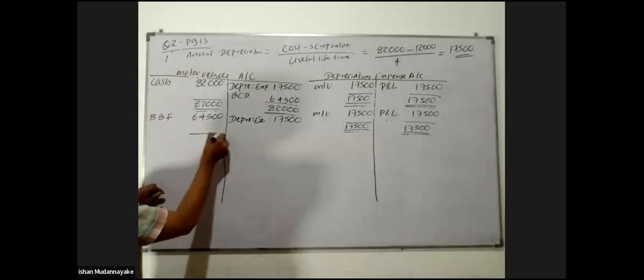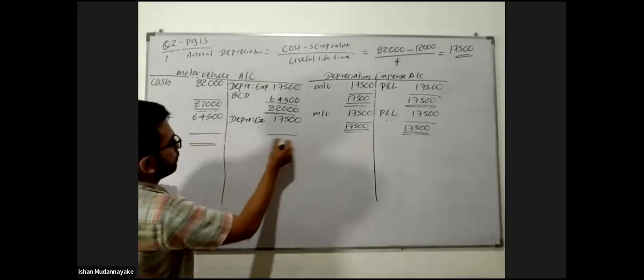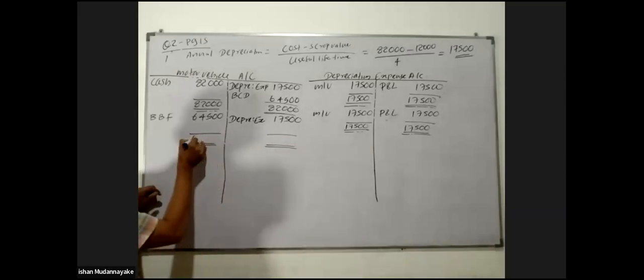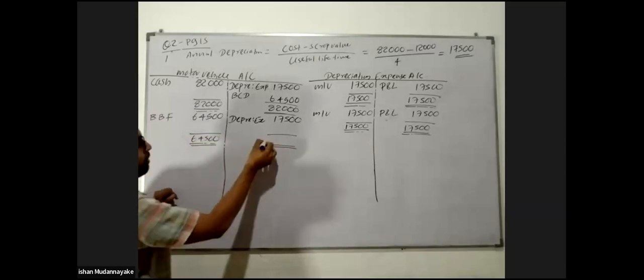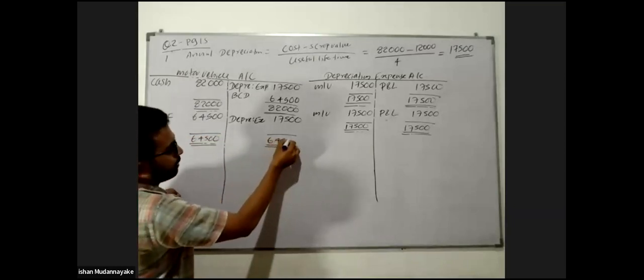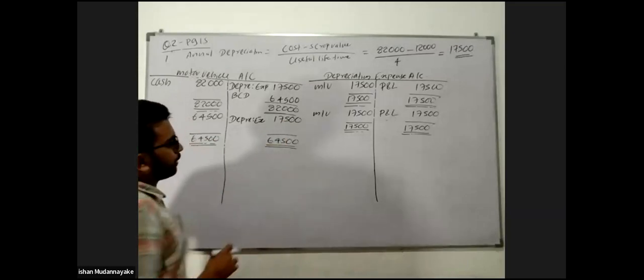Motor vehicle account. Here 64,500 minus 17,500.